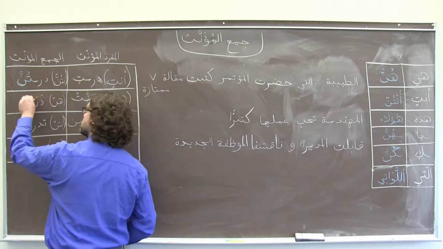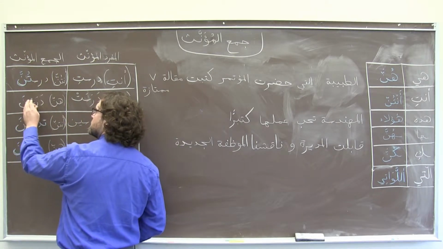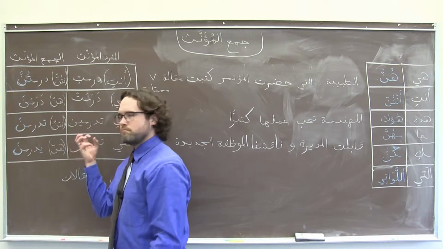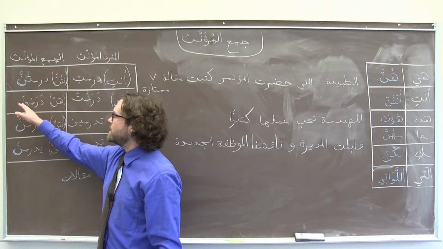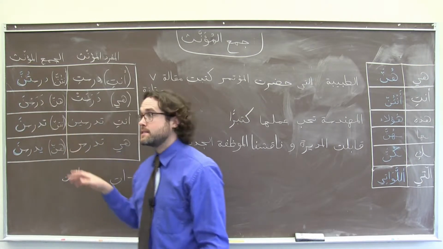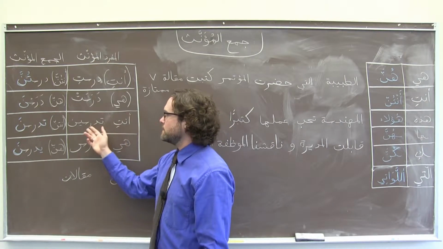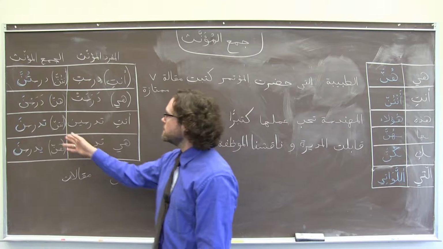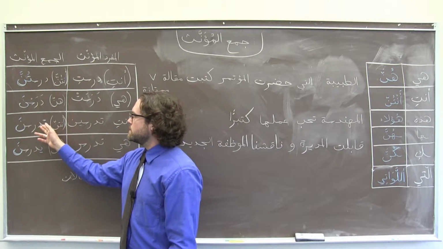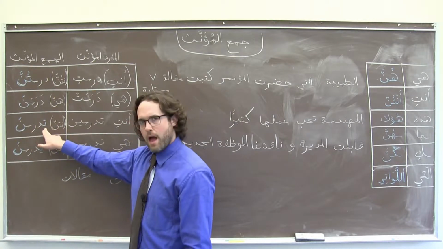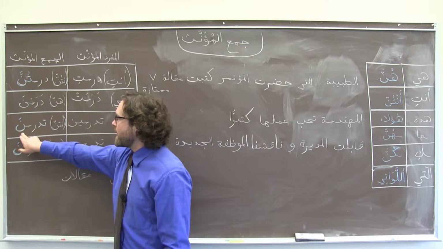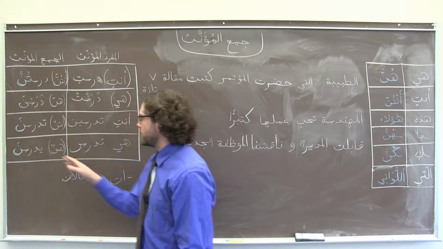Notice that the final letter of the root takes a sukun, and then we just add a noon with a fatha on it, darasna. In the present tense, enti tadrusina, you, feminine singular study, and entunna tadrusna. So we keep the ta, but instead we add the noon with the fatha on it.